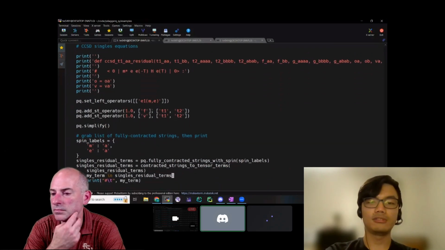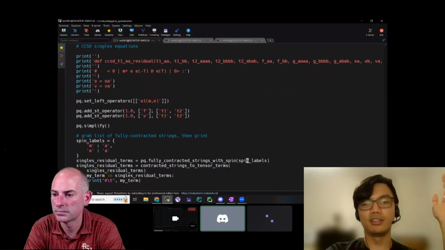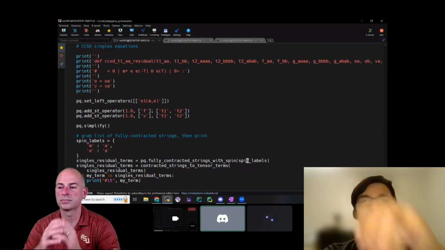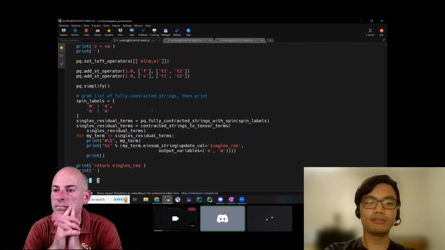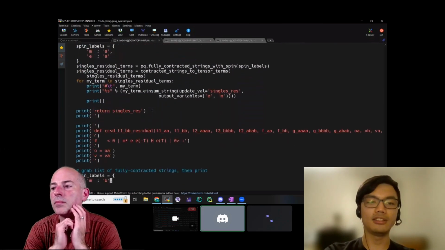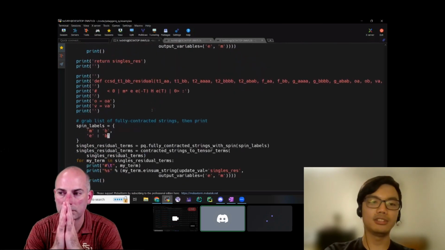Right. So you have to do this for external or any uncontracted indices that you have. So that's the alpha block. Then here in the beta block, you have the VEB, right?